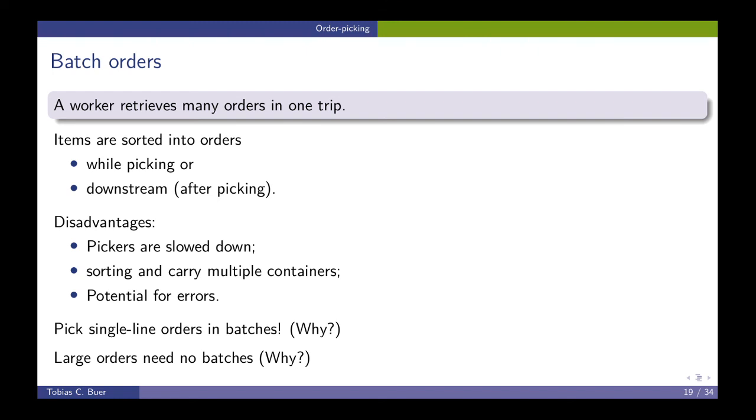So very small orders of a single line should be batched. Very big orders, there's no need to batch them. And then the challenge is those orders that have 2 order lines or more: shall we batch them, and in what way shall we batch them in order to save travel time?